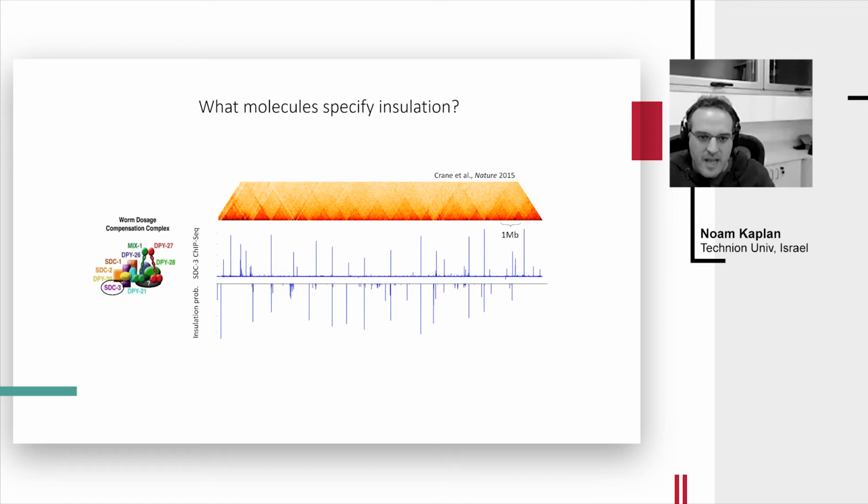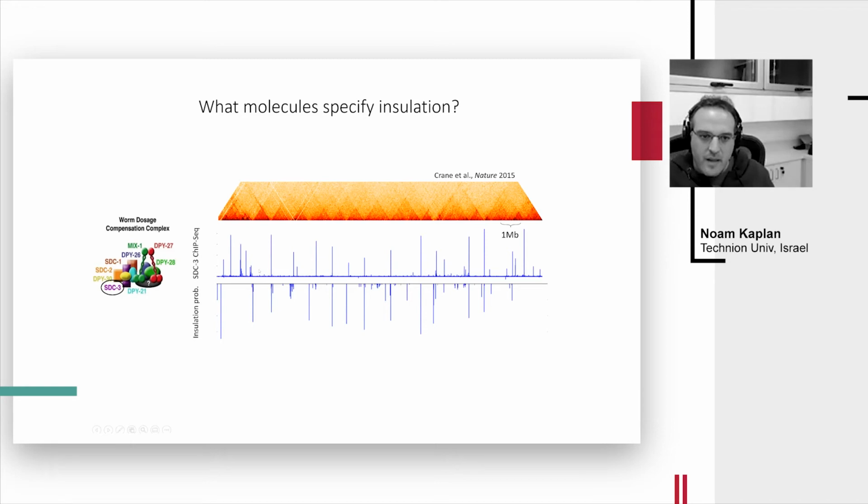There are some examples of highly expressed genes and so on. Okay. In this case, it's the C. elegans X chromosome where you see these TADs. And what you see is that if you infer the insulation probability, you get very, very accurate peaks.